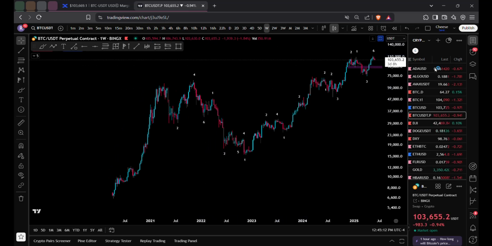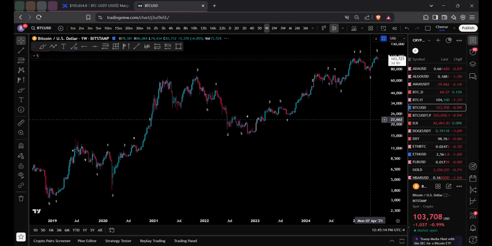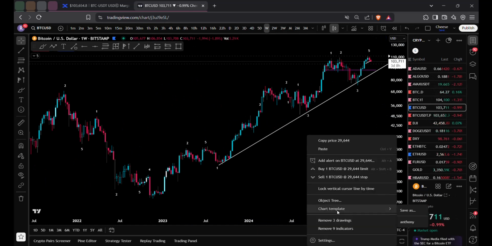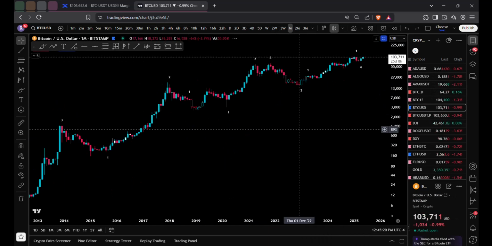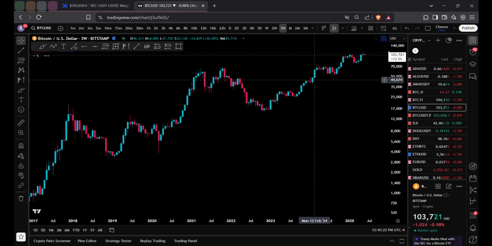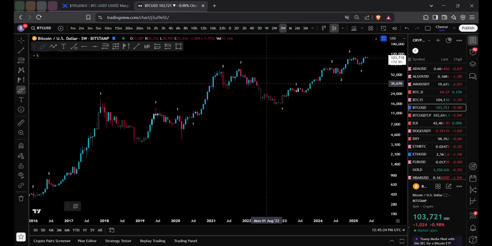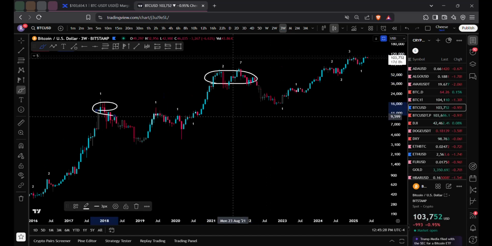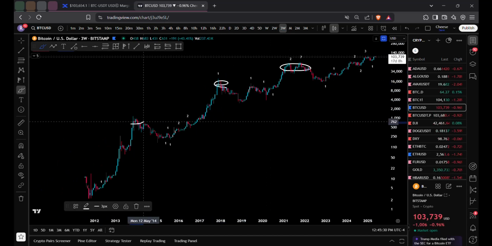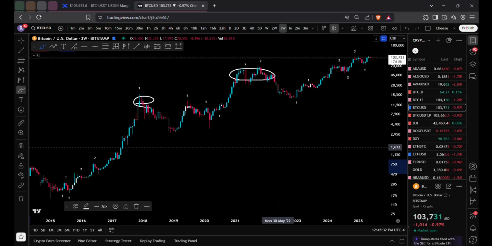Like this. Hold on, let me go to a longer time frame. Okay, so let's go here. Right, so let me break it down to like a 3-week, okay? So this is a top, okay? This is a top, okay? This is a top, right?